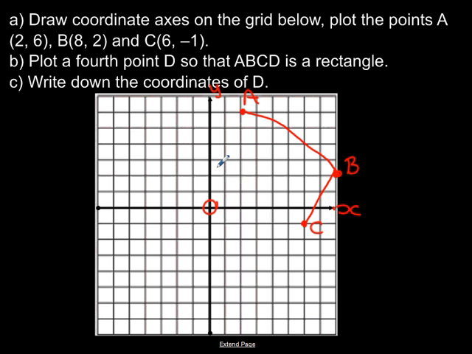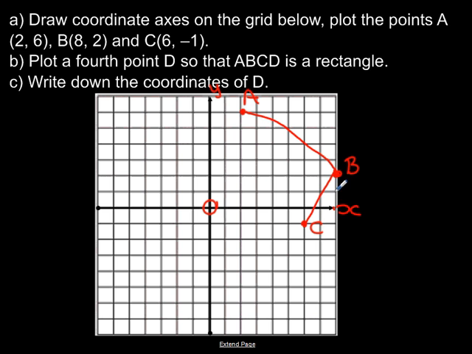How do I find out where that would be? I start to think a little bit about symmetry and the properties of a rectangle. We make right angles, and we want to make this look nice and neat. So B to C, we want to look at the gradient, the angle that line is going down. The easiest way to do that is just count boxes.